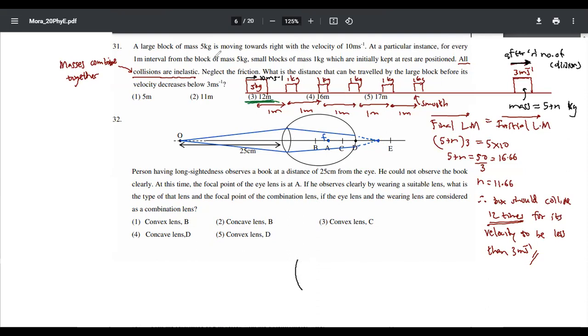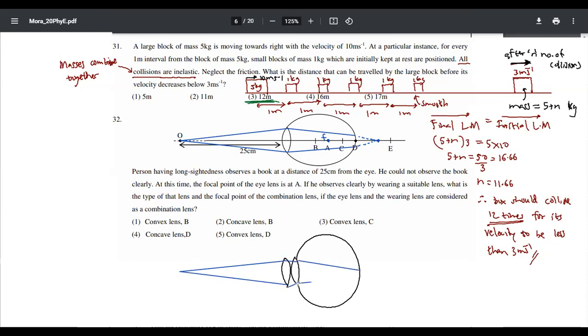You need to wear a convex lens along with this so that you can make the ray converge in front of its initial position. So when you wear the convex lens, this is going to happen. Same object distance, but the image will get focused.